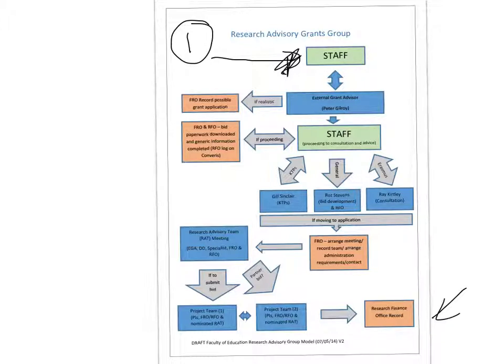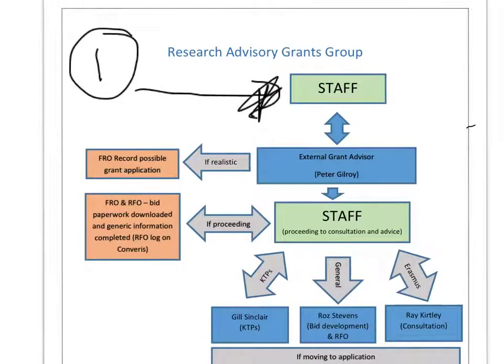If I then zoom in, so I've zoomed in now, and I'll just change the colour of the pen. I think somewhere around here it talks about it being a member of staff, but my feeling is at this initial conceptualization stage the diagram needs some ideas as to where ideas and inspiration for grants might come from.